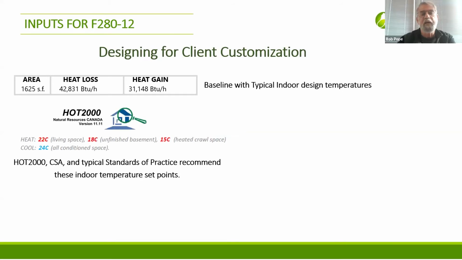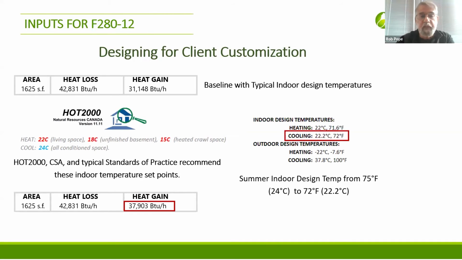Designing for client customization. So you're designing, unless it's a market built home, a spec home, right? You're designing for somebody. So you want to find out from that somebody what their idea of comfort is. It's different for everybody. Everybody's different. So you want to find out what's comfortable for them in the design to make them comfortable.